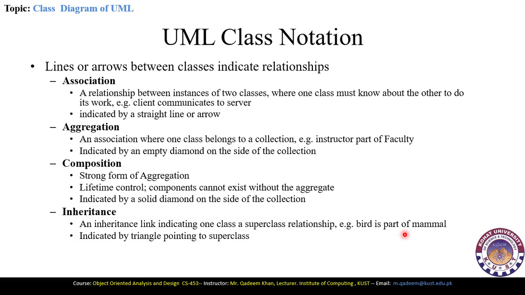For example, a bird is a kind of mammal in this example, because mammal is the generalized class and bird is a specific class, so it is a child of the mammal class. It is indicated by a triangle pointing to the superclass. So the parent class has the triangle, and the parent class will be accessed by the child class here.